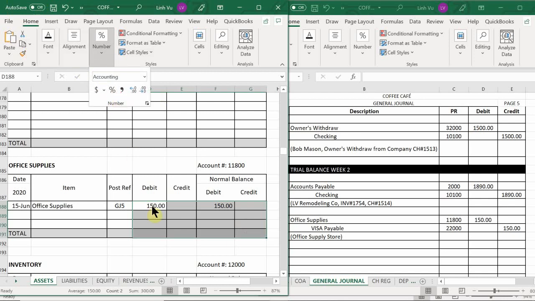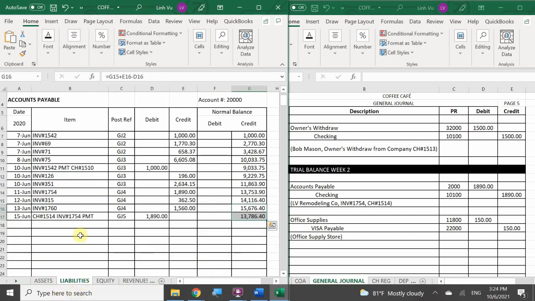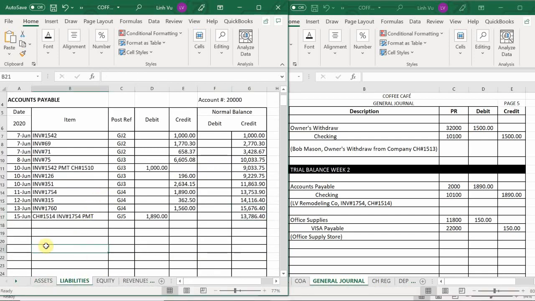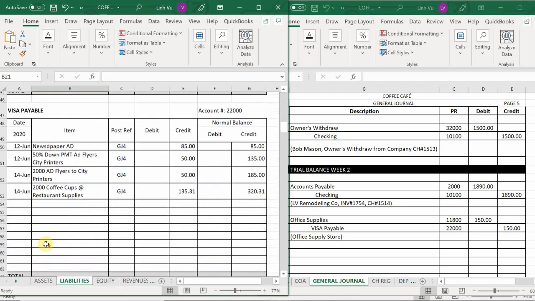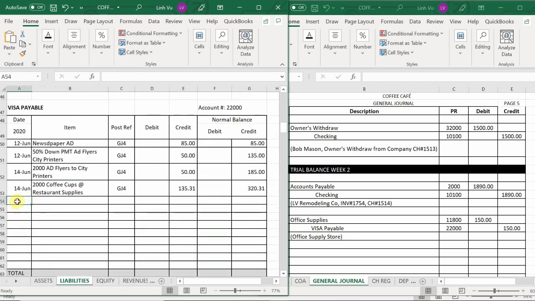And we're going to the credit card. Office supply store. Good.